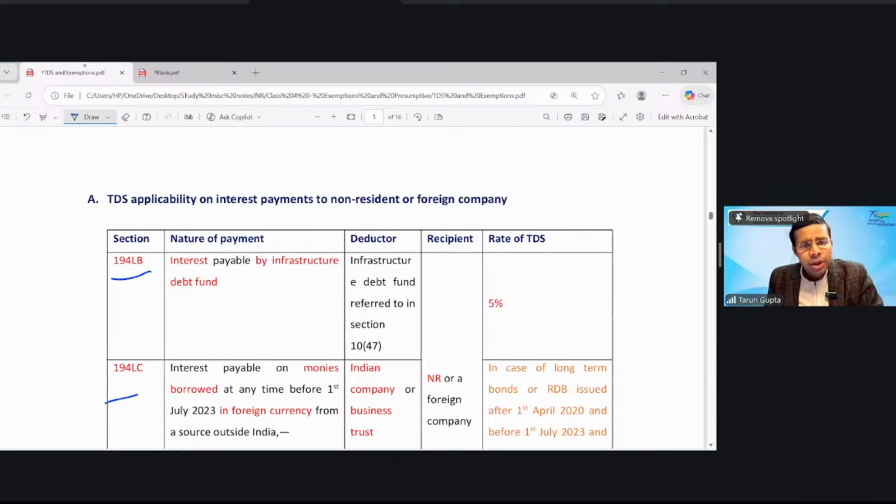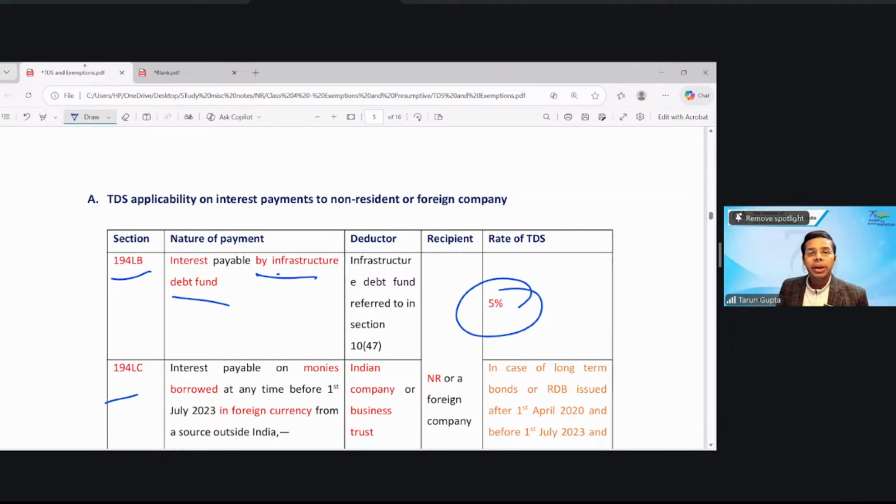So the first section is section 194LB. It is applicable if interest is payable by an infrastructure debt fund. So 194LB is applicable if the payer of interest is an infrastructure debt fund. If you, as an NR, have lent money to an infrastructure debt fund, then the interest which you will receive shall be taxable at the rate of 5% in your hands.